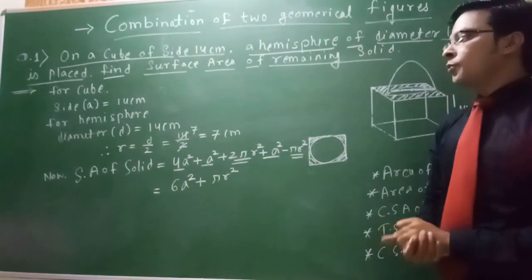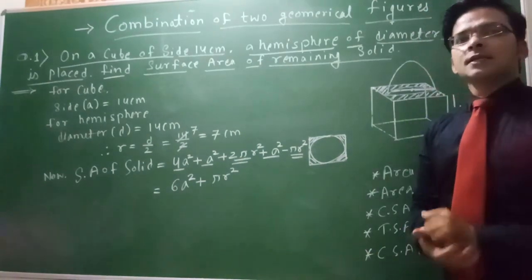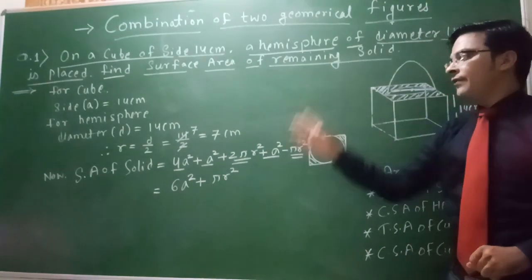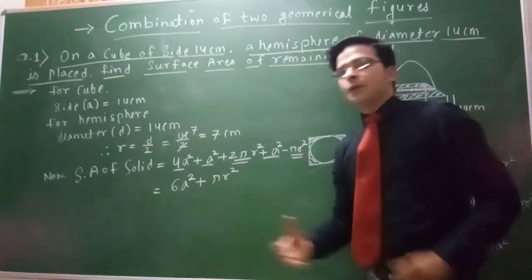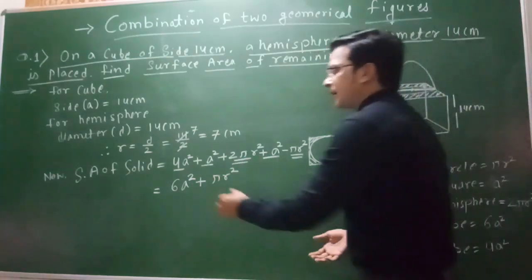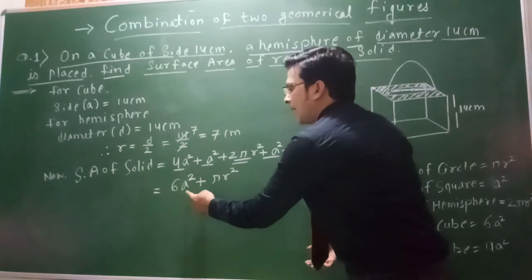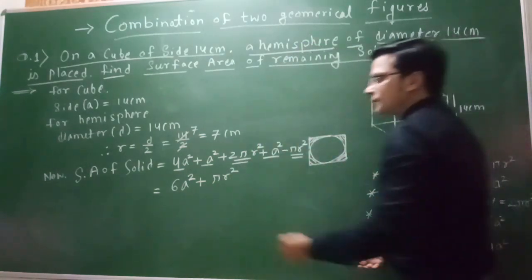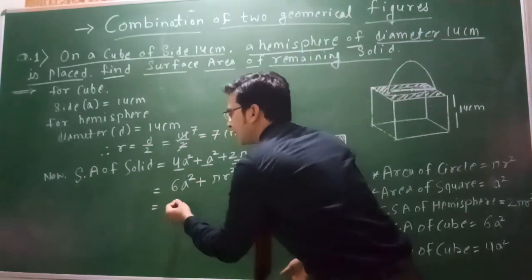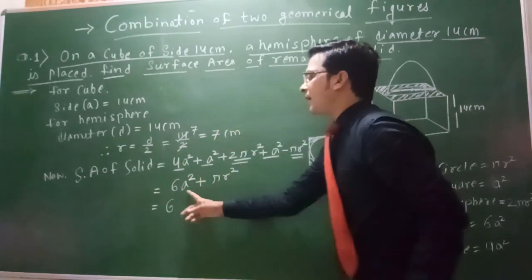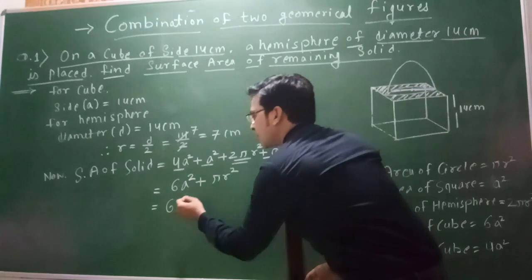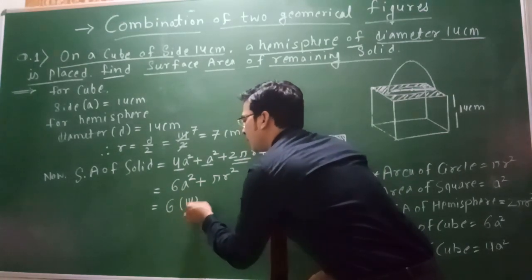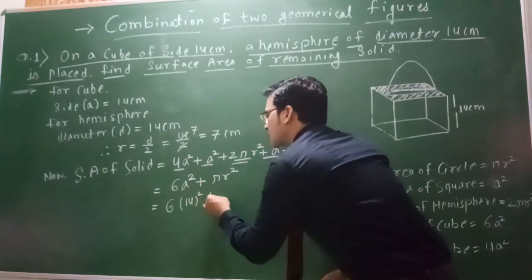So this is the formula to find the surface area of this solid figure. Now what do we have to do? We have to just substitute the values of the given side and given radius. Here is 6, and in place of a we substitute the side of the cube, which is 14, so 14 square, plus pi.